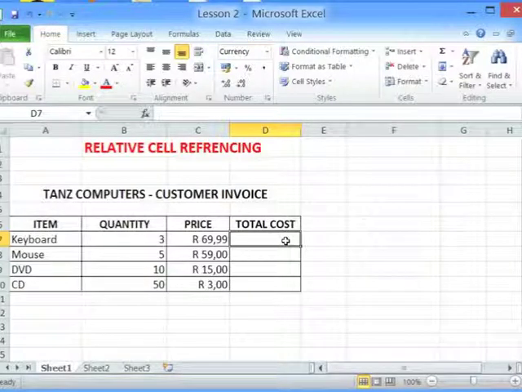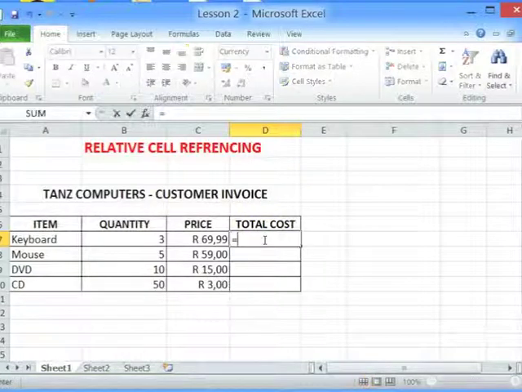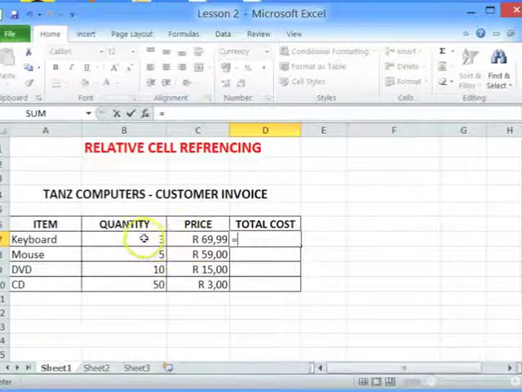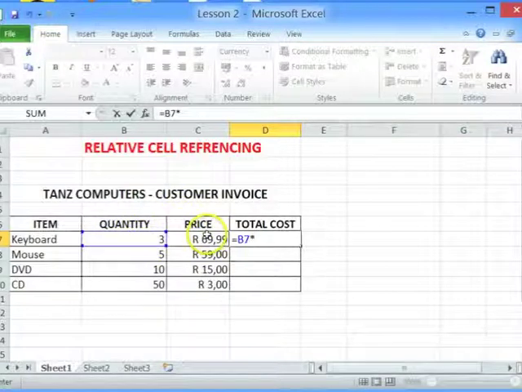In cell D7, we are going to type in a formula that is going to calculate the total cost of all three keyboards that were purchased. The formula is going to be equals to the quantity, which is contained in cell B7, times the price, which is contained in cell C7.